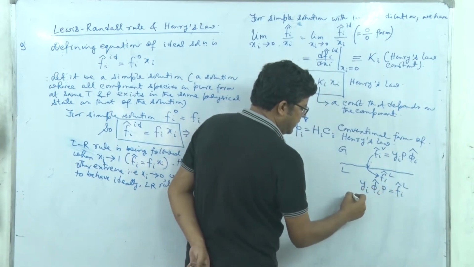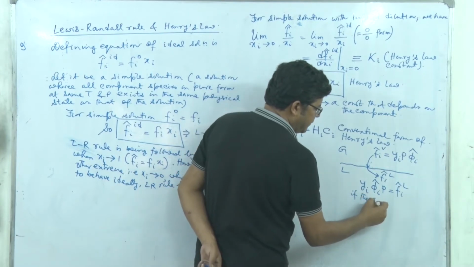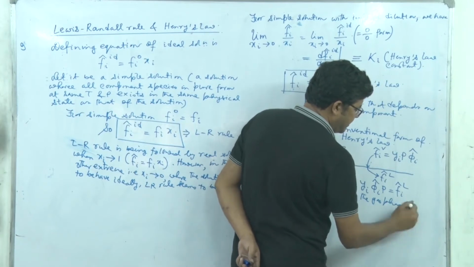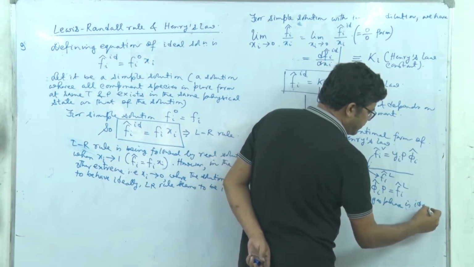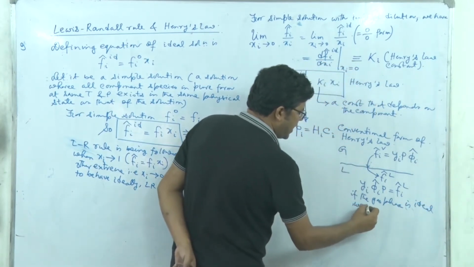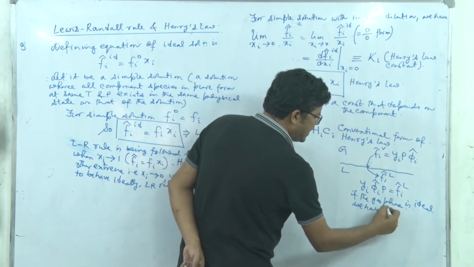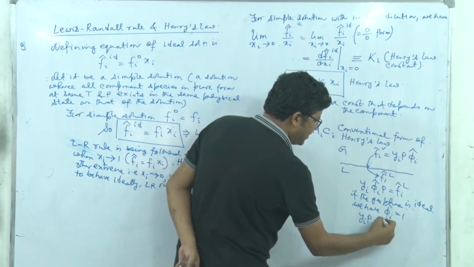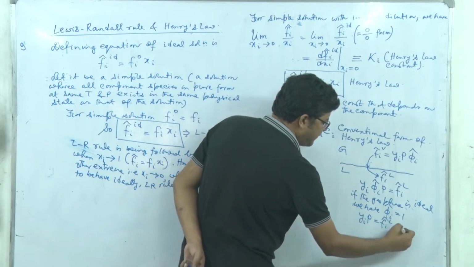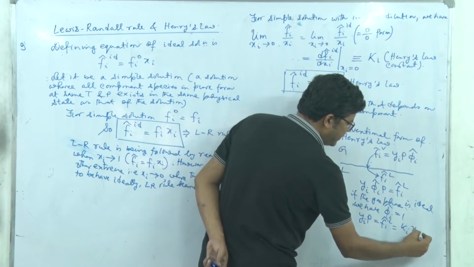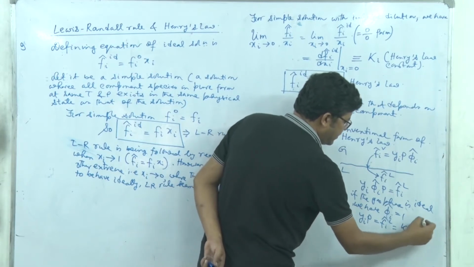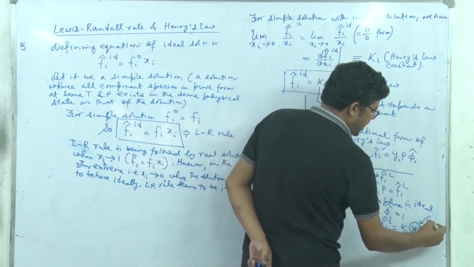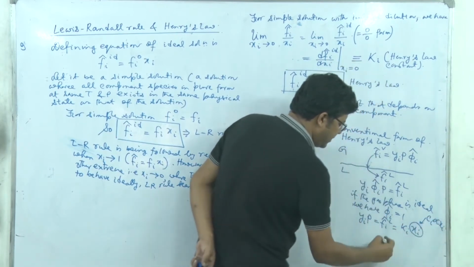And if the gas phase is ideal, we have phi i cap equal to 1. So Yi into P must be equal to Fi cap L, and Fi cap L according to Henry's law is Ki Xi, right? Xi, the respective mole fractions, we know that concentration is proportional to Xi.